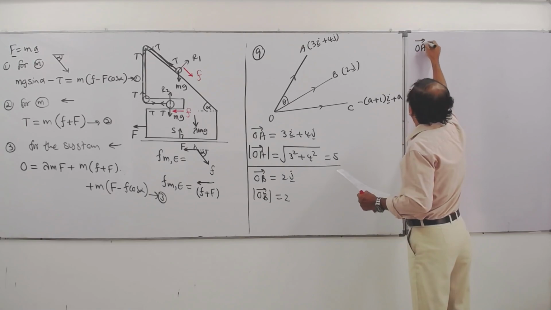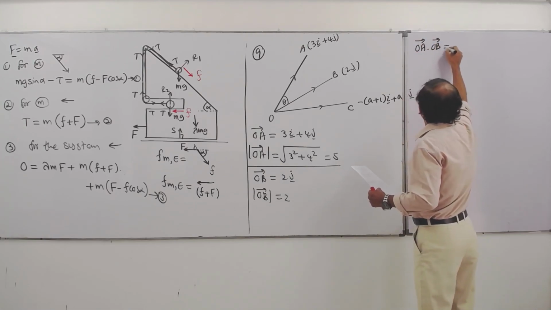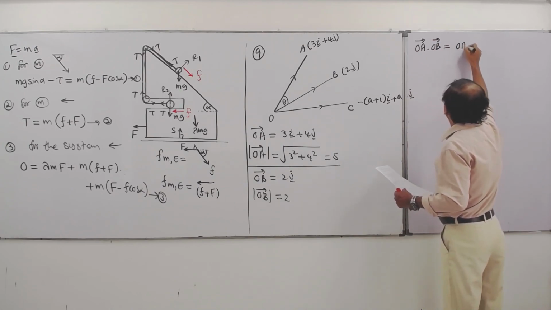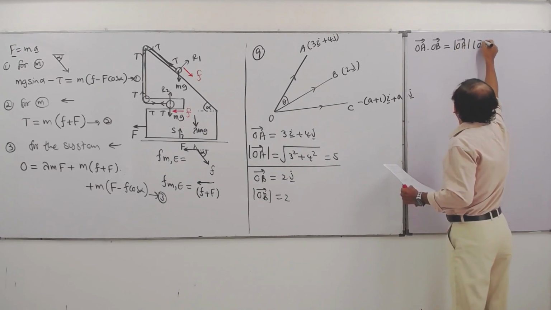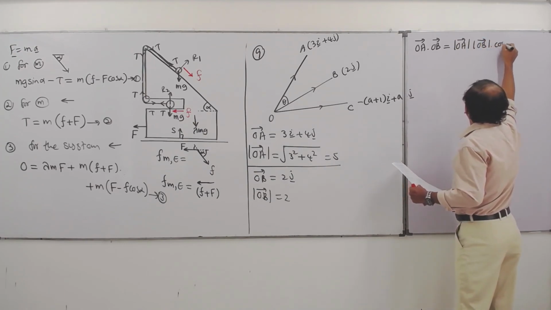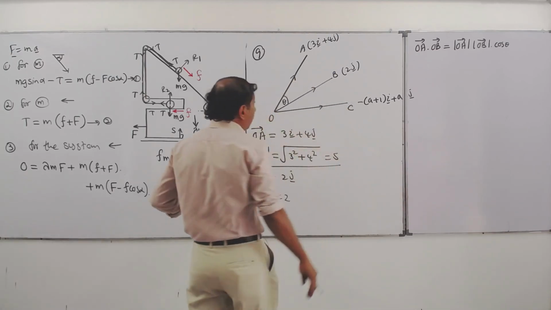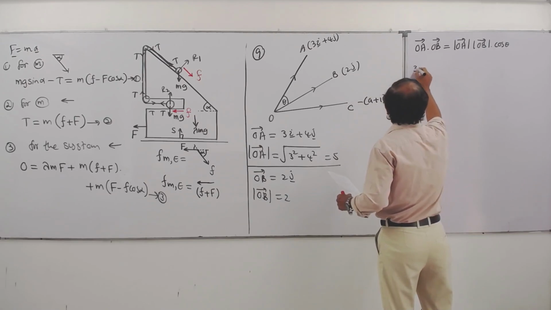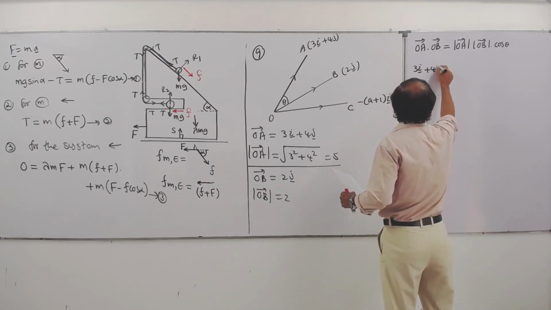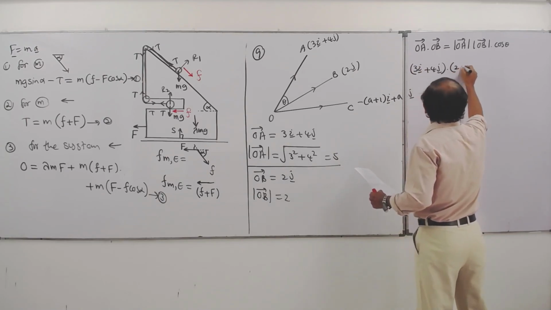I write this way, people. OA vector dot OB vector. How do we define the dot product? OA vector modulus into OB vector modulus into cos theta. Right. I substitute for OA vector 3i plus 4j, OB vector 2j.